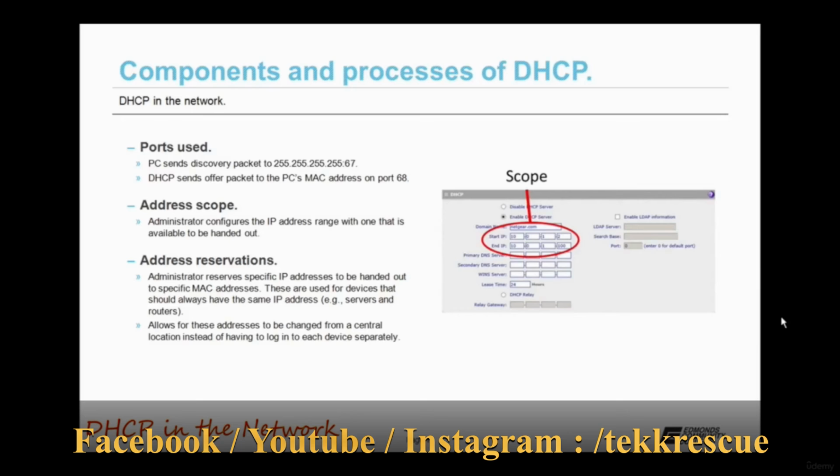If you didn't do that, there is the possibility that your default gateway's IP address might change. Now the reason we use address reservation is this allows these addresses to be changed from a central location instead of having to log into each device and change the IP configuration separately.